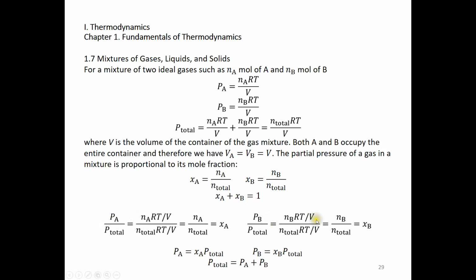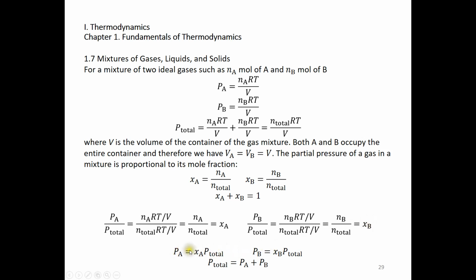Now let's look at the partial pressure again, and this time we'll relate the partial pressure to mole fraction. The partial pressure of A divided by the total pressure is N sub A RT over V divided by N sub total RT over V. RT over V cancel, and then we have N sub A over N total, the mole fraction of A. Similarly, the partial pressure of B over the total pressure is equal to the mole fraction of B. And therefore, we have these two equations.